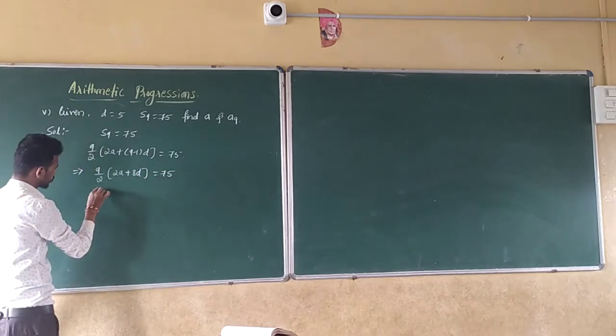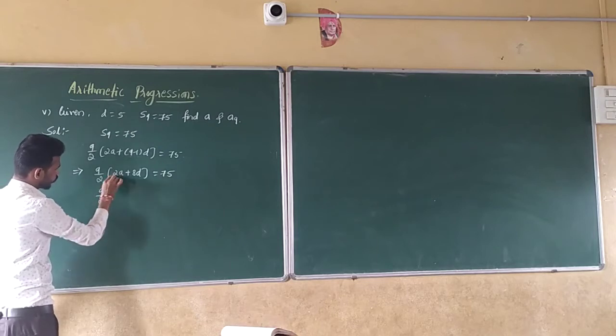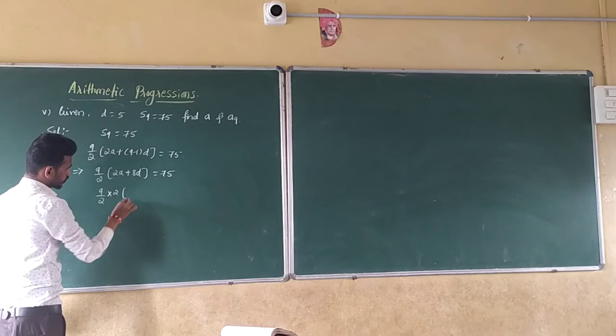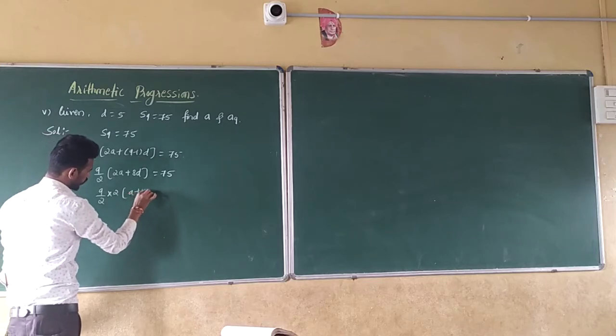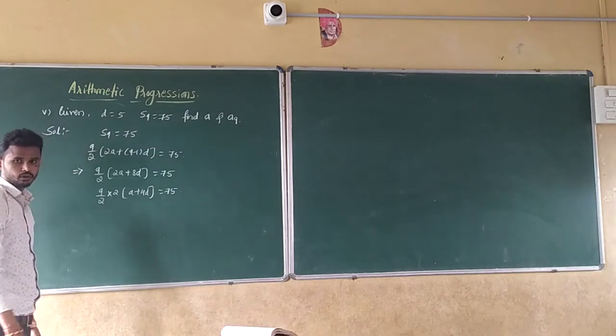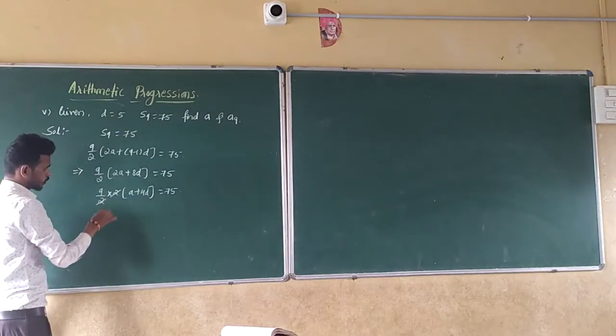Next, 9 by 2, what is common in these two? 2 is common, take that. So what will remain? a plus 4d, which is equal to 75. Now the 2 ones get cancelled.